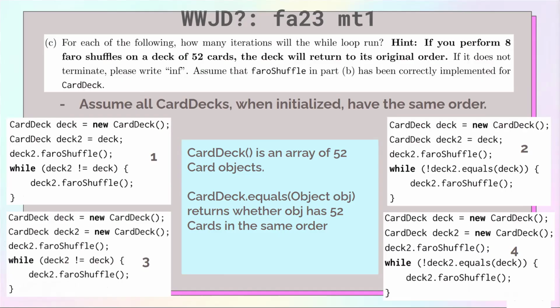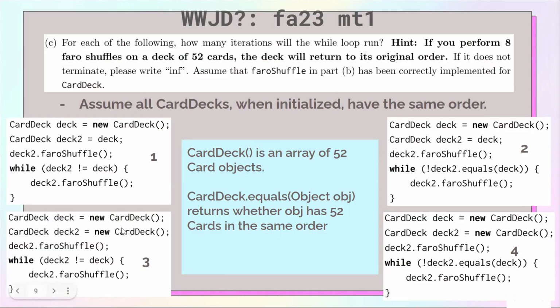What about part three? They're both pointing at different objects. Here we can see we created new CardDeck objects for the variables deck and deck two, so they're pointing at different objects. Our looping condition is deck two not equal to deck, which means the two are pointing at different things.